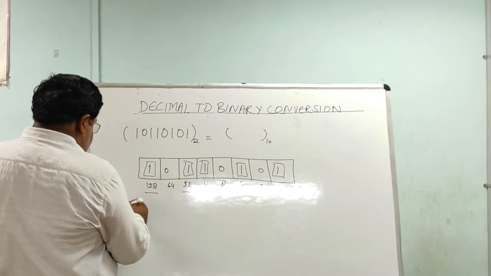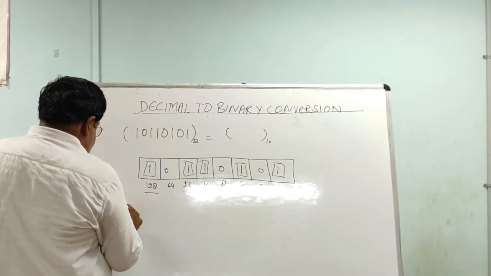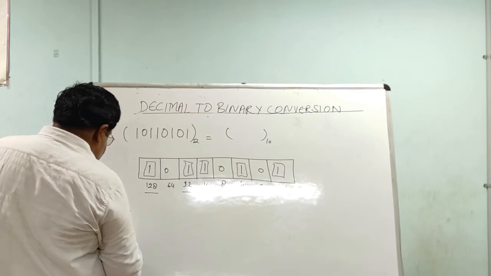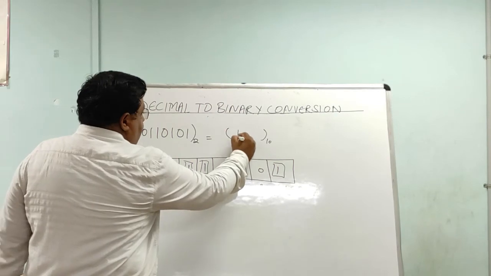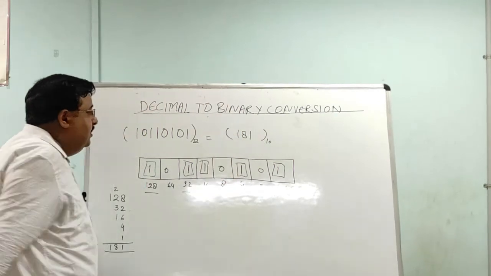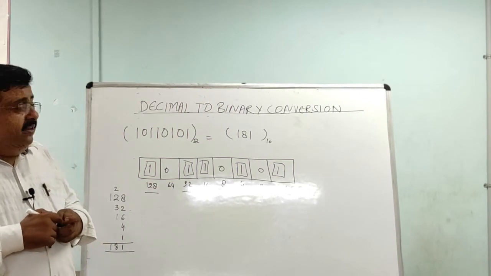So the number is 181 in the decimal number system.